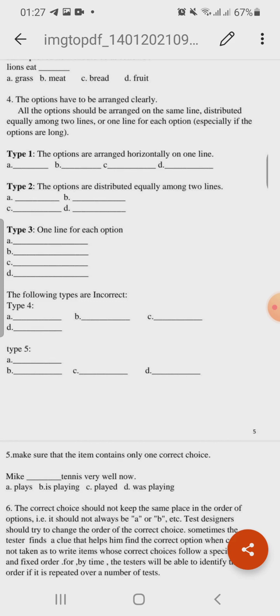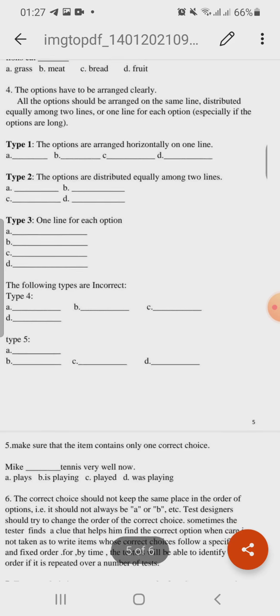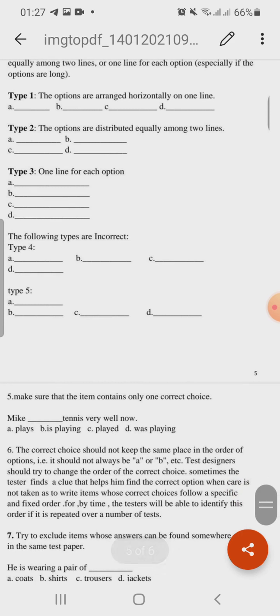Type 1, the options are arranged horizontally on 1 line, A, B, C, D. Type 2, the options are distributed equally among 2 lines. يعني يتم توزيعها على سطرين A, B, C and D. Type 3, 1 line for each option. كل خيار في سطر لوحده. A, B, C and D.